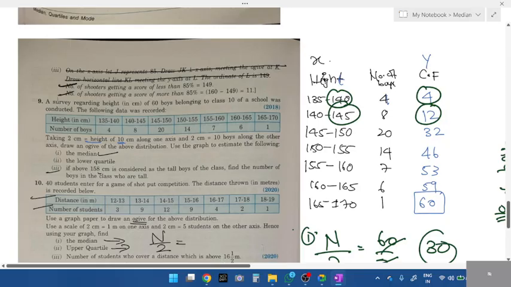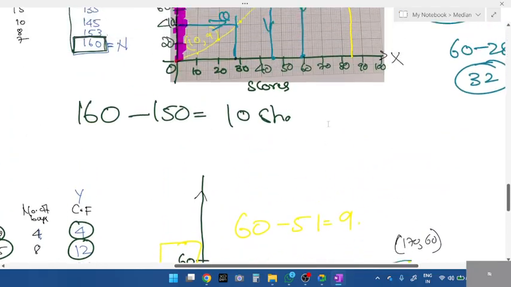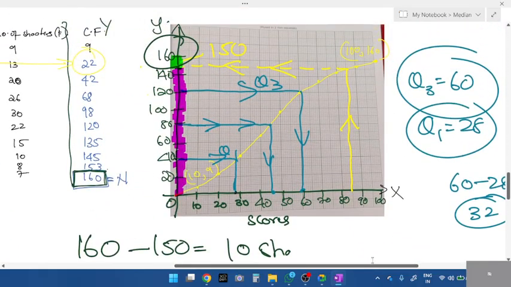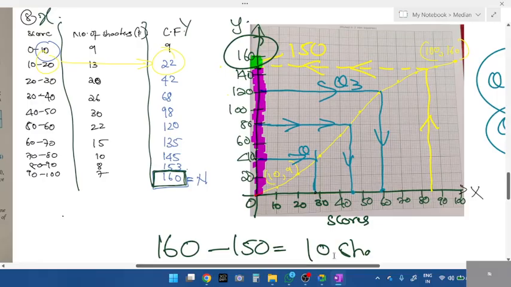Yes, students, respond. All of you completed the last part. Last part is done. Write it. Just go through once.